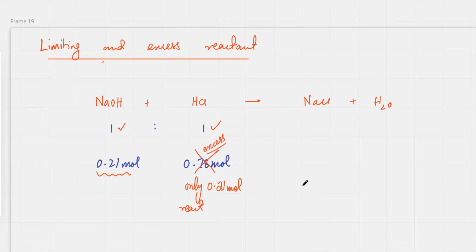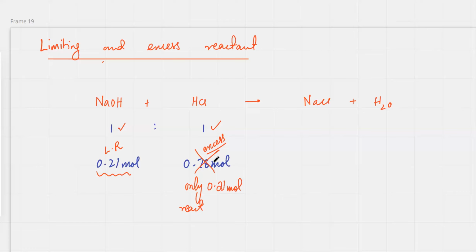Okay, and this is the other one that's fully reacting. That's known as your limiting reactant, or L.R. So the whole concept is sometimes you'll add wrong quantities of reactants. You'll add too much of something or too little of something. Especially when you add too much, with 0.21 and 0.78, you figured out that 0.78 was not needed. Only 0.21 was needed. So the rest is going to get wasted.